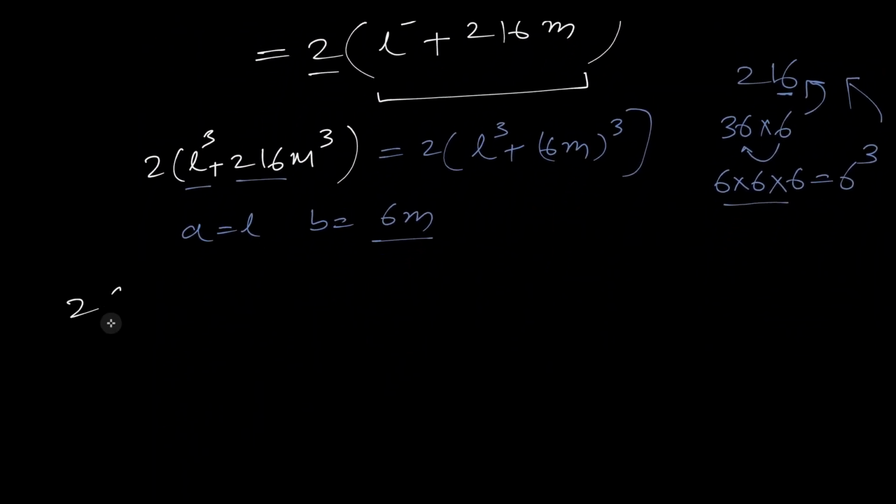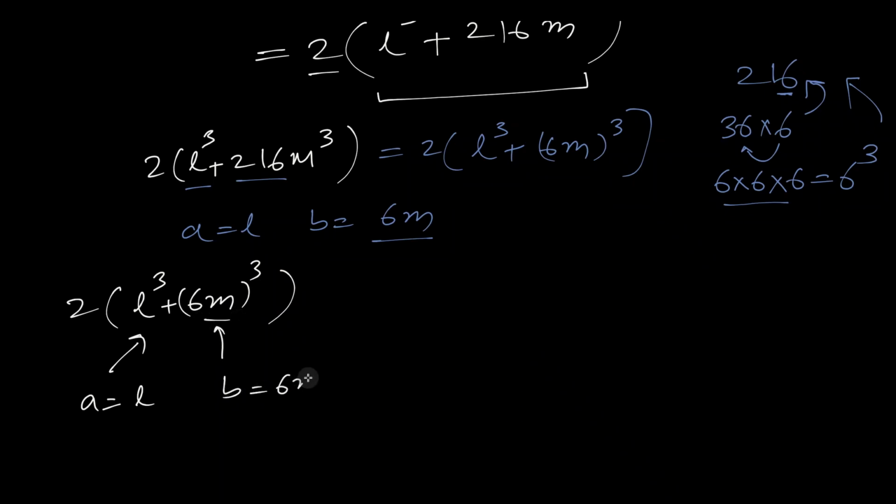So b is 6m. I am writing the same question: l cube plus 6m whole cube, and a is just l and b is 6m. Now we'll fit in the formula. What is the formula?